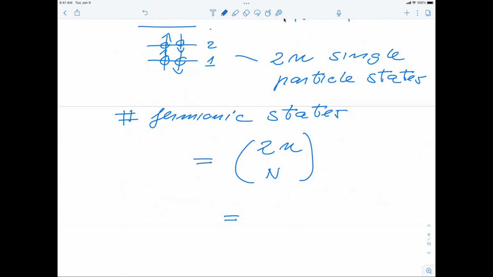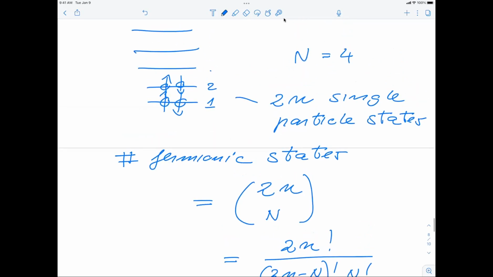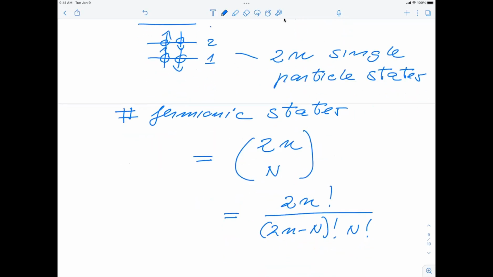So this would be the same as (2n)! over (2n minus n)! times n!. So this would be the total number of many-body states I can make, and now I'm not paying attention to symmetries or anything. You can quickly see that this grows immediately. If you have something like 80 single particle states and 40 particles, this is beyond what you can diagonalize with standard diagonalization methods. So that means you need to truncate your space.